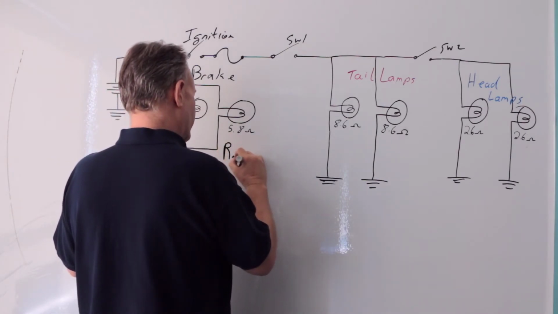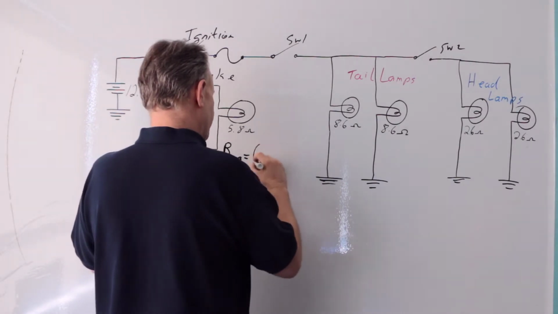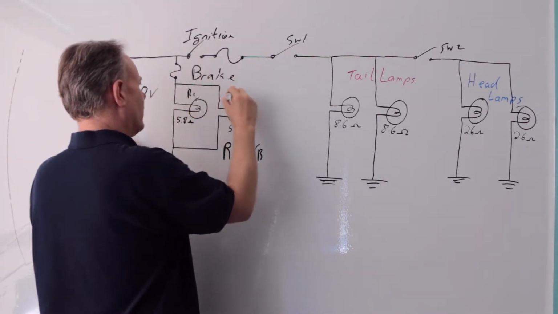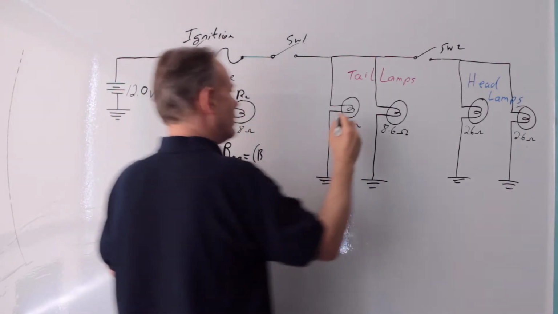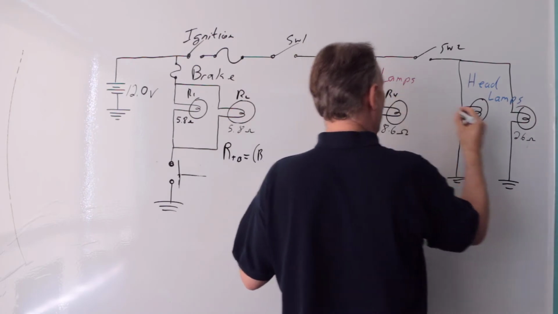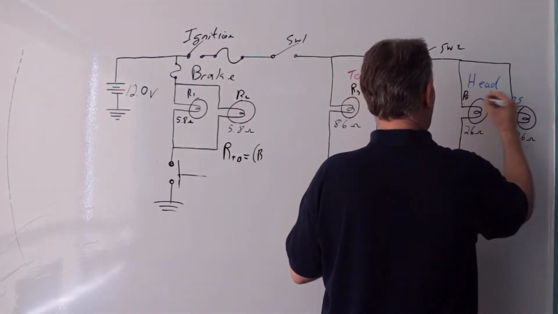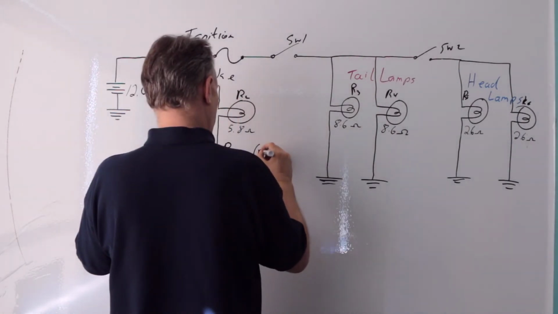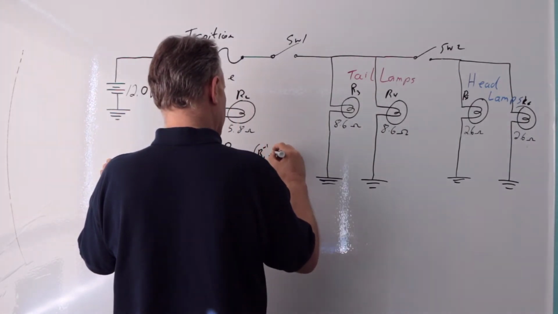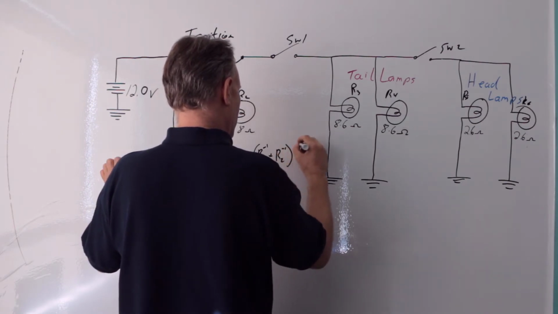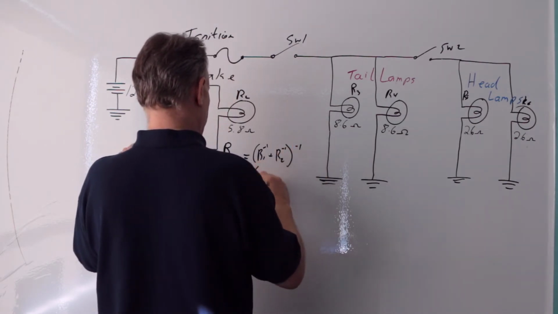RT of the brake lights equals, I'm just going to call this R1, R2, and here R3, R4, R5, and R6. Okay, good. So that's R1 to the negative 1 plus R2 to the negative 1, all to the negative 1. Okay, so I'm going to put my values in here.